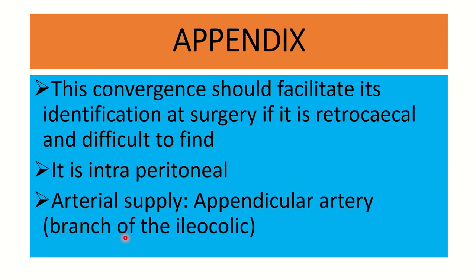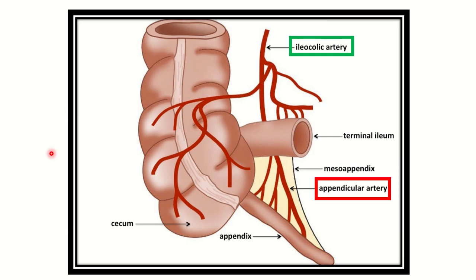And the appendix is supplied by the appendicular artery, which is a branch of the ileocolic artery. Here we can see the blood supply of the appendix. This is the appendix, and it receives blood supply from this artery, which is the appendicular artery. And here again is the important structure, the mesoappendix.